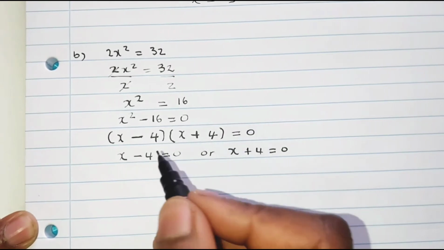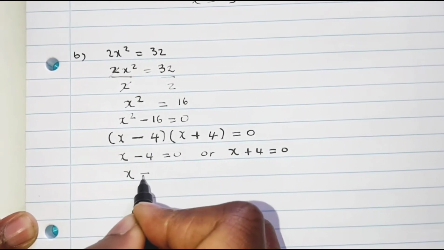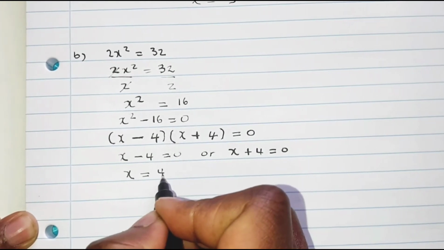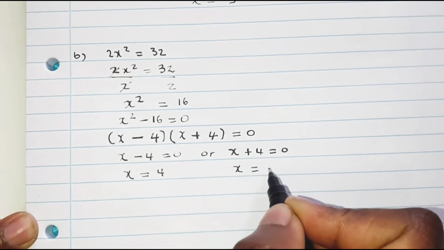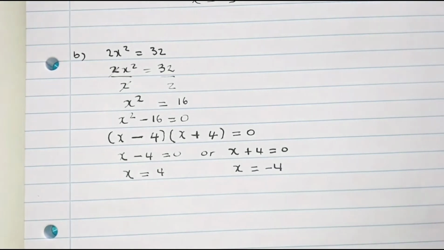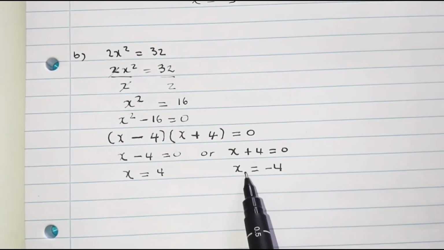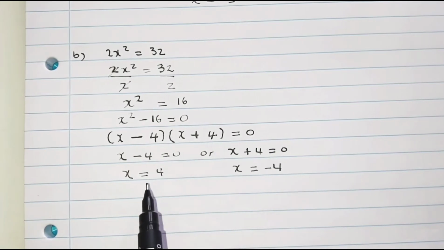Let's start with this side: x is equal to, when you move to the other side, it's positive, which is 4. On this side, x is equal to negative 4. So now we have found our answers: x equals 4 and x equals negative 4.